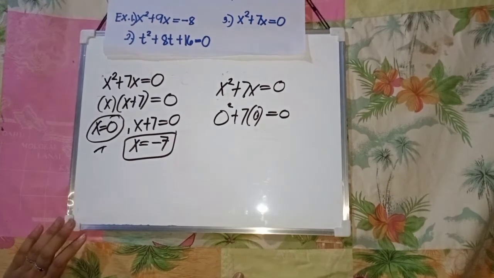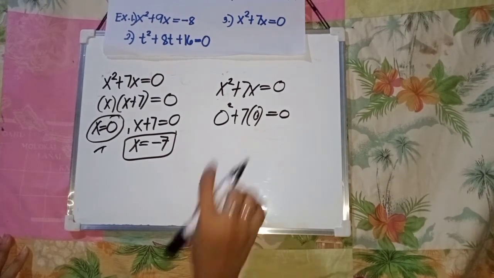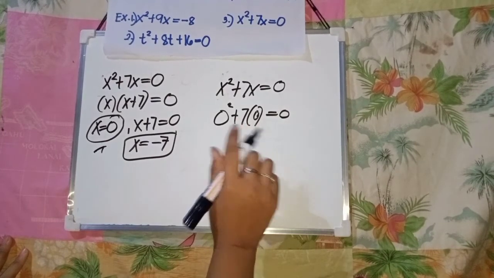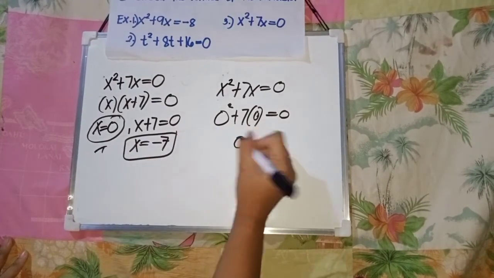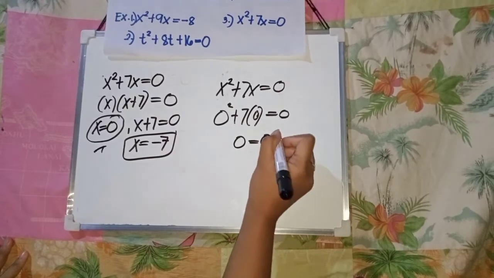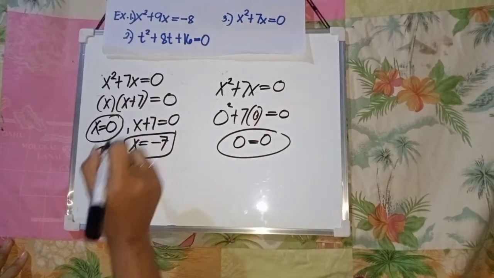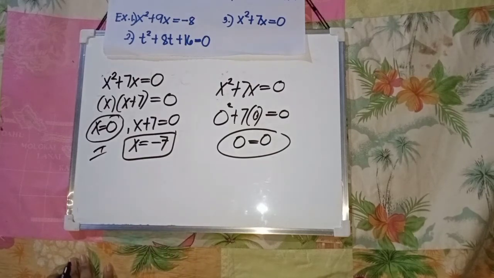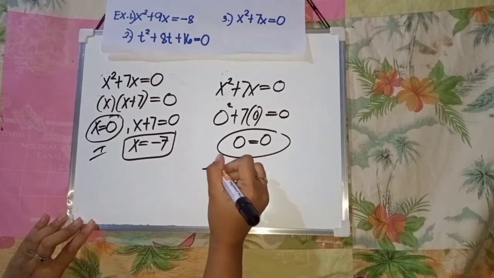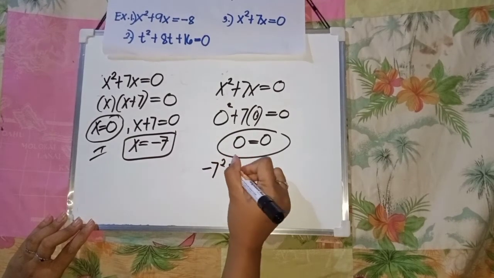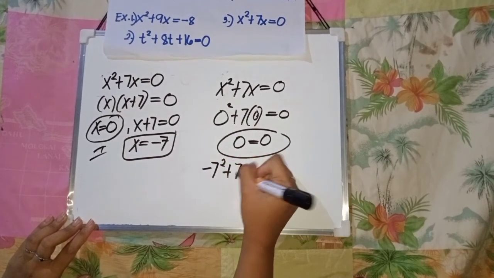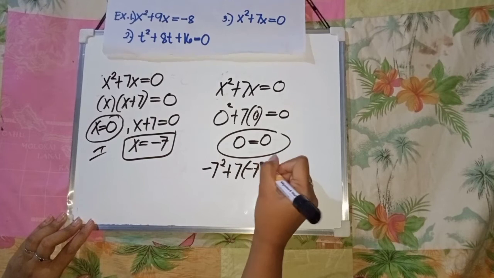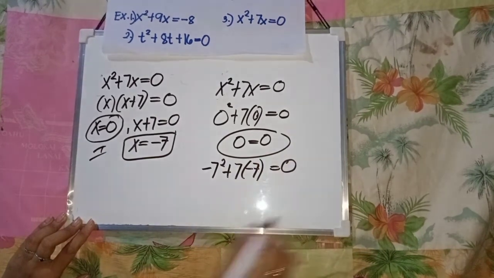So 0 to the power of 2 is 0, and 7 times 0 is 0. So it's correct, it's true. Then the other value of x is negative 7. Negative 7 squared plus 7 times negative 7 is equal to 0.